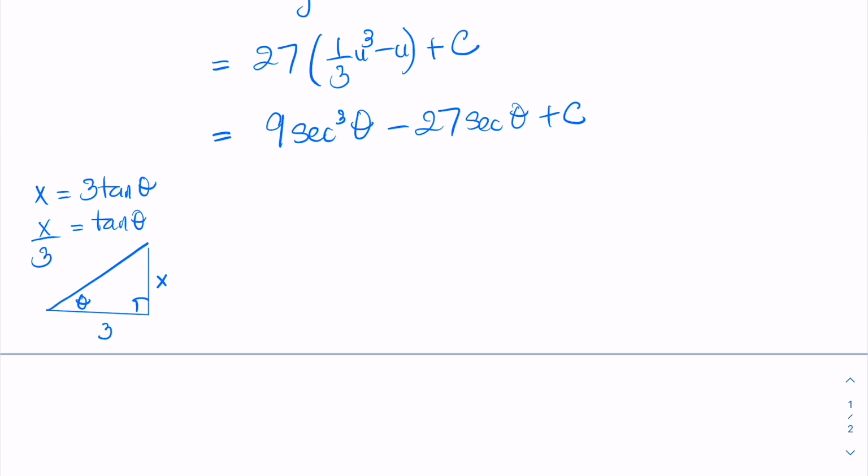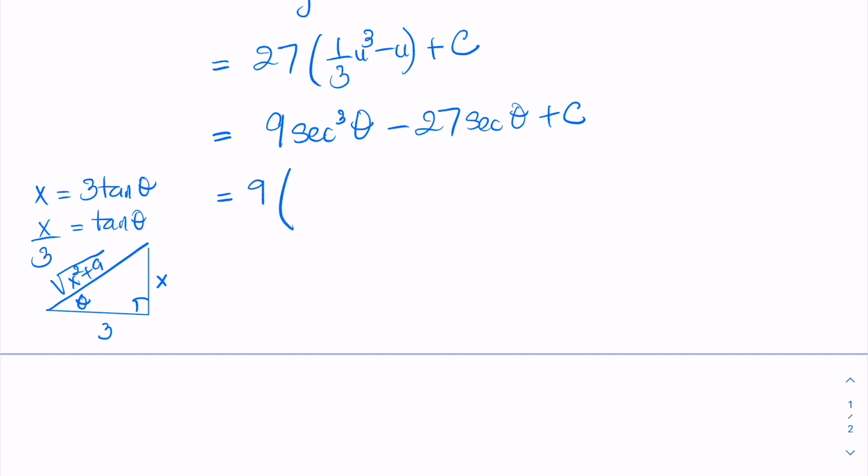So we need the hypotenuse. Using the Pythagorean theorem, we have x squared plus 3 squared is going to be the hypotenuse squared right here. And then I take the square root. So it's going to be the square root of x squared plus 9. Now, going back here, I have 9.